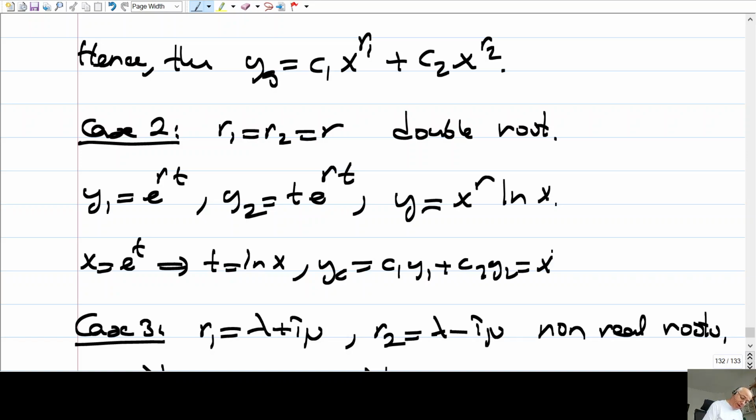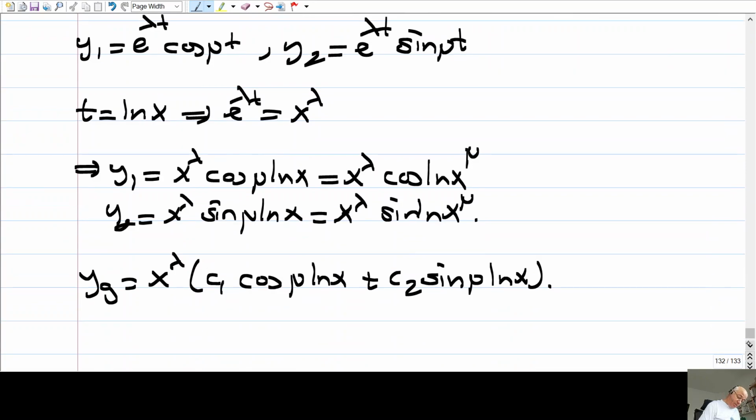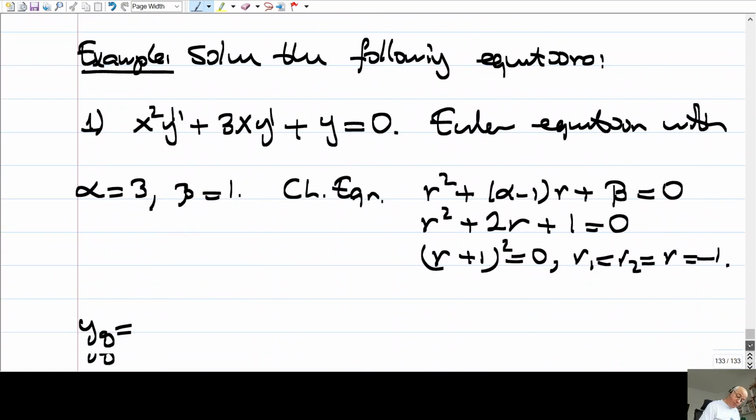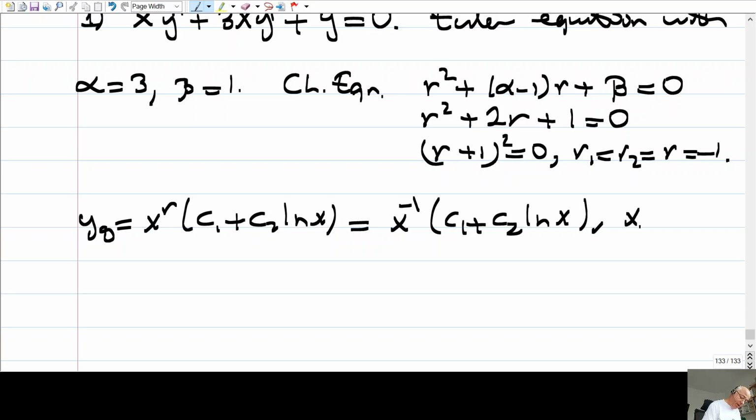So it is x to the power r, parenthesis, C1 plus C2 times ln x, where y1 is x to the power r and y2 is x to the power r times ln x. So x to the power minus 1, C1 plus C2 times ln x, and x is positive.